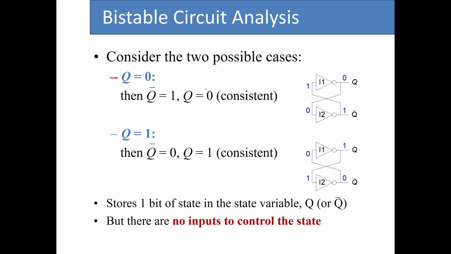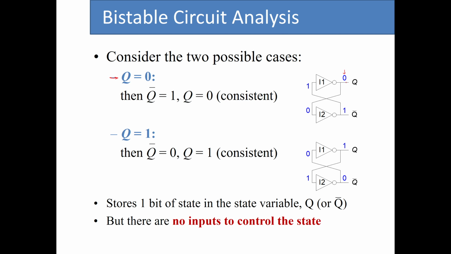Something happened in the circuit and now Q is 0. Even though we don't know what the input is, there are only two possible values for Q: it's either 0 or 1. So let's assume Q is 0. We want to see if this state is valid and stable. If Q is 0, does it remain at 0 or not?